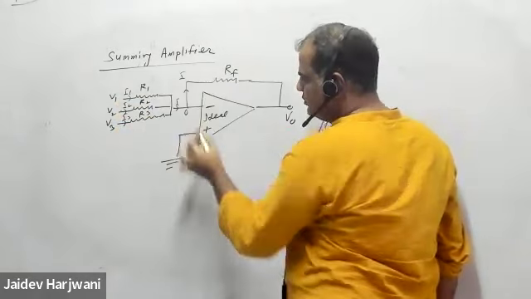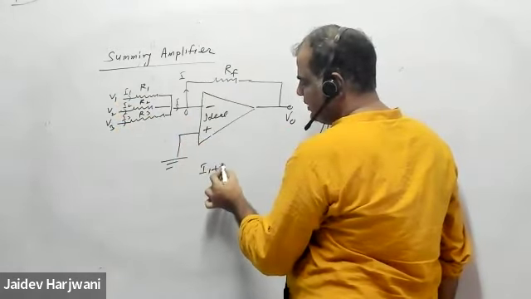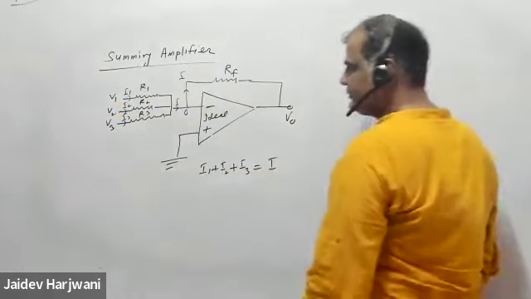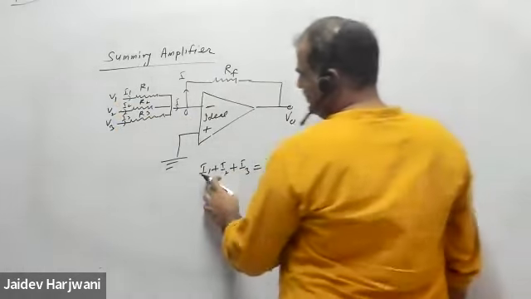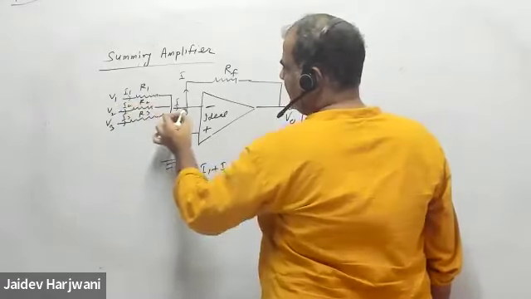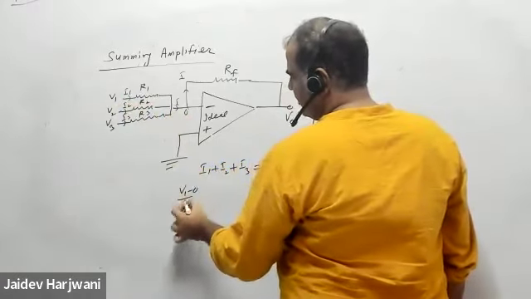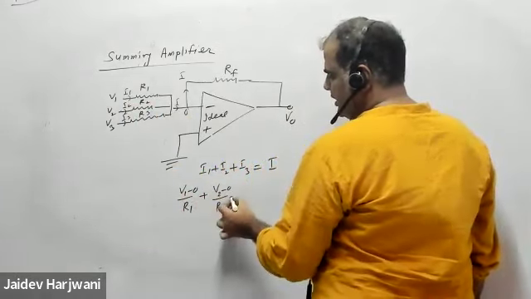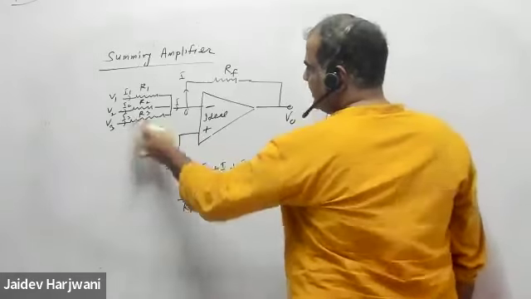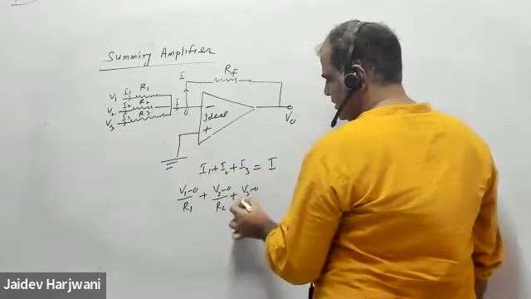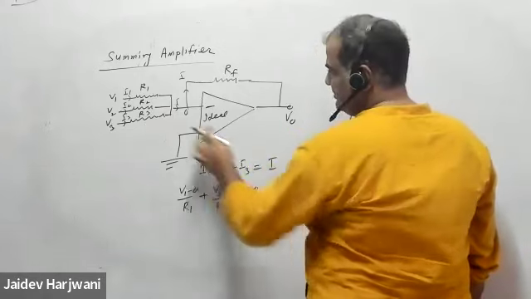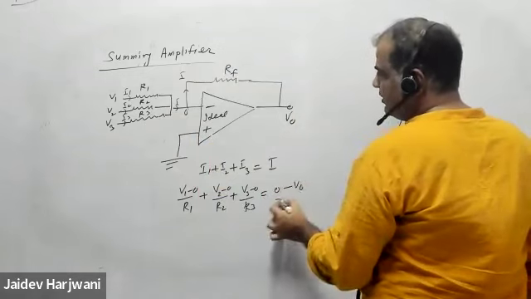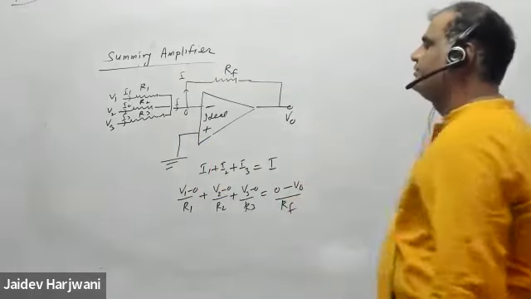Applying KCL at this node, I1 plus I2 plus I3 is equal to I. Now I1 is (V1 minus 0) upon R1, I2 is (V2 minus 0) upon R2, and I3 is (V3 minus 0) upon R3. Similarly, I is (0 minus V0) upon RF.